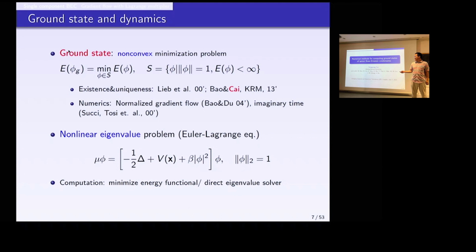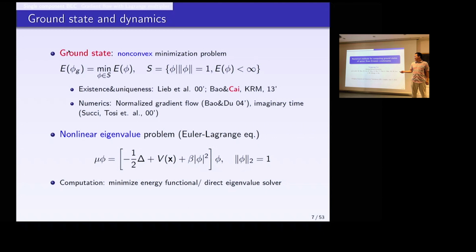To solve for the ground state, this can also be viewed as a nonlinear eigenvalue problem by looking at the Euler-Lagrange equation of this variational problem. Then we have this chemical potential mu here, under the constraint that the L2 norm of the wave function is normalized equal to 1. Based on these two approaches, we can classify the numerical methods for computing the ground states.